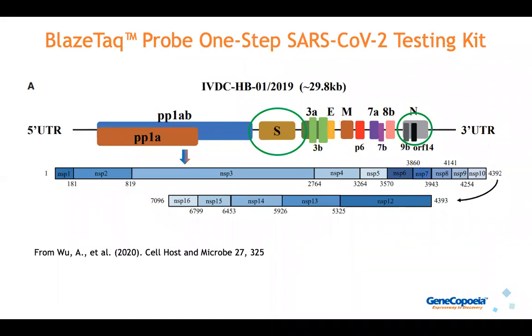But we have designed this a step further for our probes to recognize regions of the spike and the nucleocapsid genes that have been shown to undergo very few mutations. The idea is that even when the virus mutates, all viruses mutate, of course, in order to avoid false negatives, we've designed these probes against more highly conserved regions of the S and N genes, and that do not recognize other coronaviruses, neither the seasonal coronaviruses nor SARS nor MERS viruses.